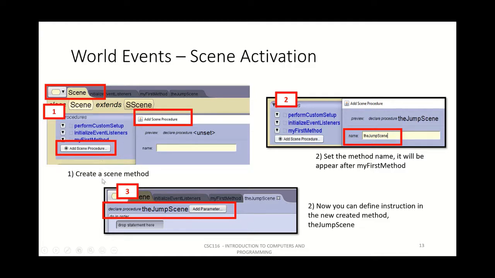We start with creating a scene method, and then we set a method name, and you can define the instructions to create a new method for the new scene. I will show you in the next video for the demo of these events.